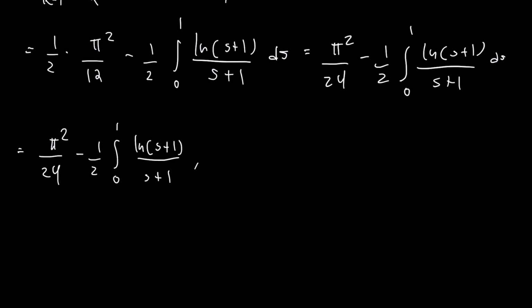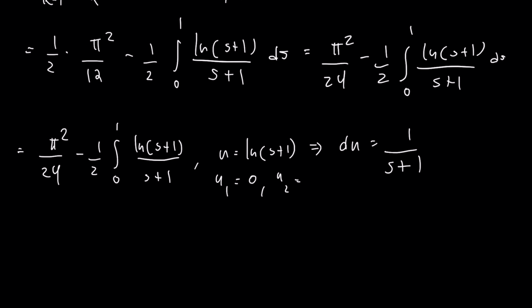And we'll make a substitution. We'll let u equal the natural log of s plus 1, which means that du will be 1 over s plus 1, and that the bounds will be u sub 1 will be 0, and u sub 2 will be the natural log of 2.